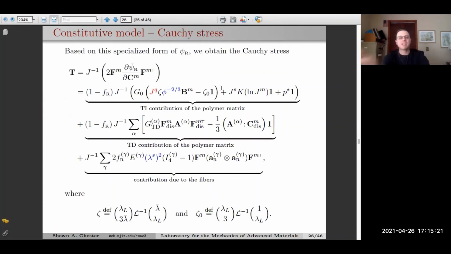So when you put everything together, you get some pretty remarkably large formulas for the Cauchy stress. And the good news is they all have a clear meaning and clear where they came from. The first line here in the Cauchy stress is the time-independent contribution of the polymer matrix. Right?